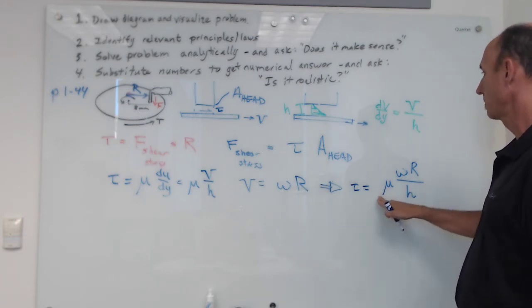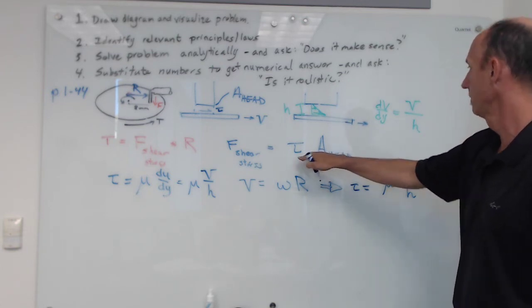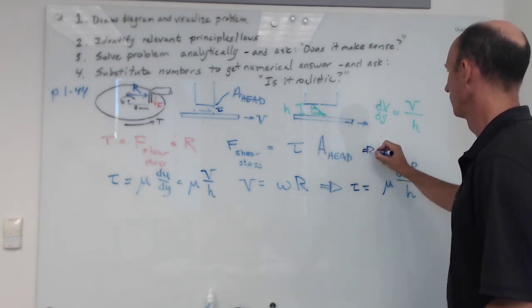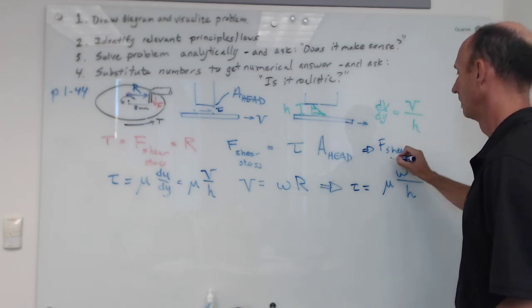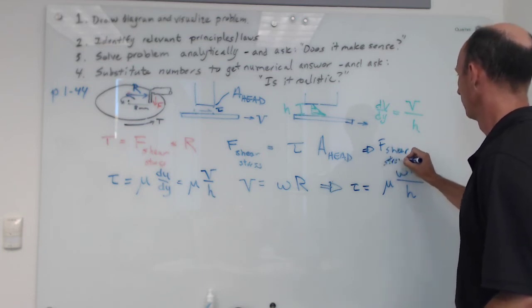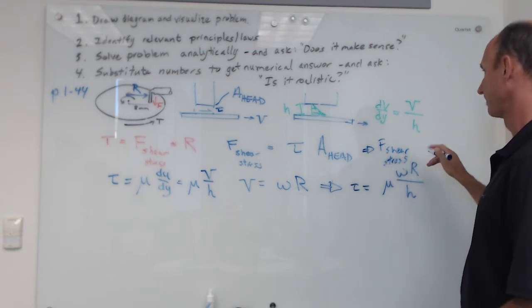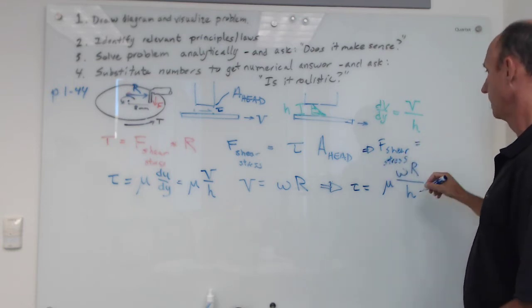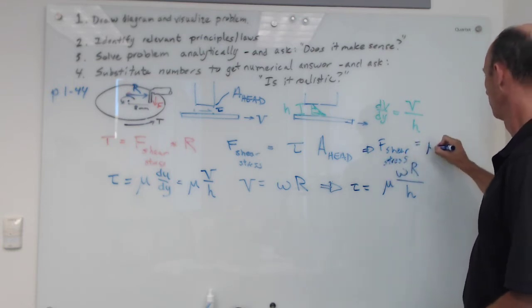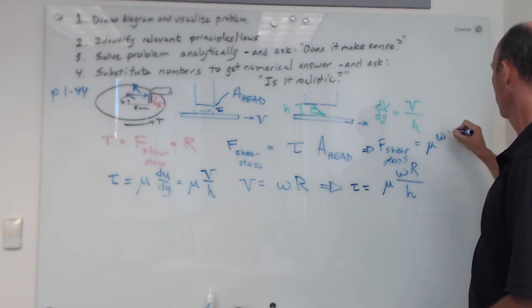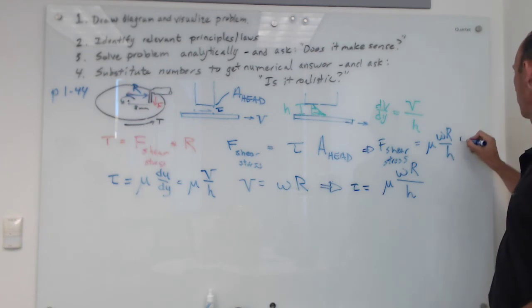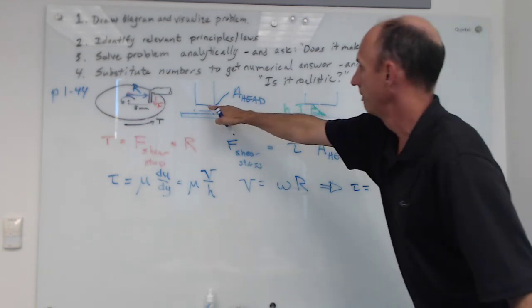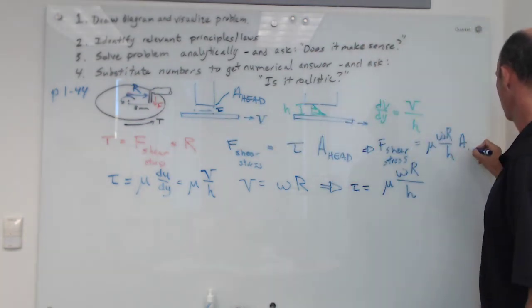And if we put this expression into this expression, this tells us that the shear stress, this force due to the fluid shear, is going to be equal to mu times omega times r divided by h times the area of the bottom of the head.